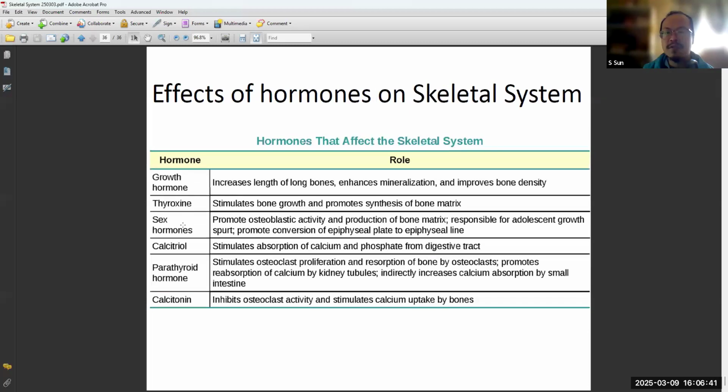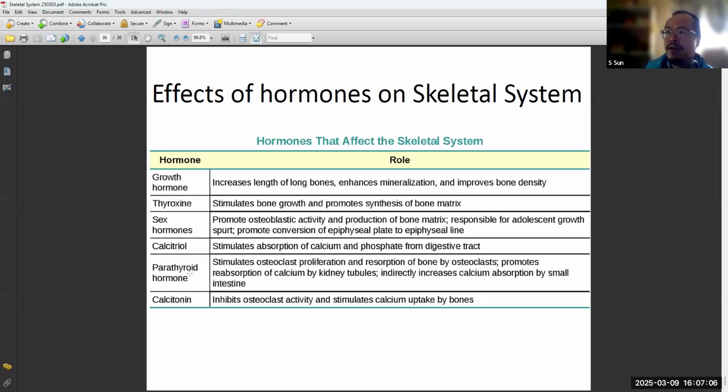Sex hormone in female is estrogen, in male is testosterone, and by puberty, those build your body to develop the sexual characteristics, muscle, bones, etc. Calcitriol is the active form of vitamin D, so we talked about that.